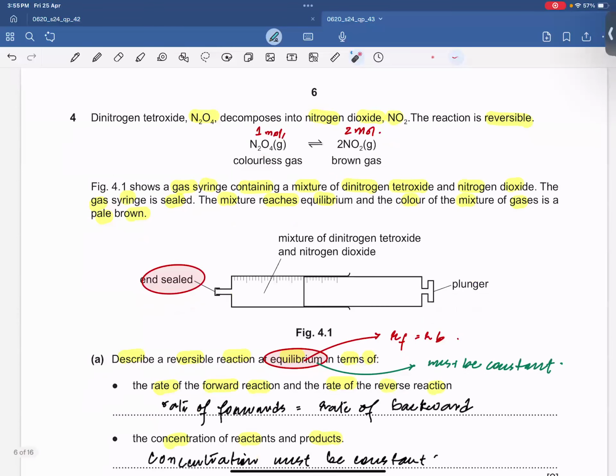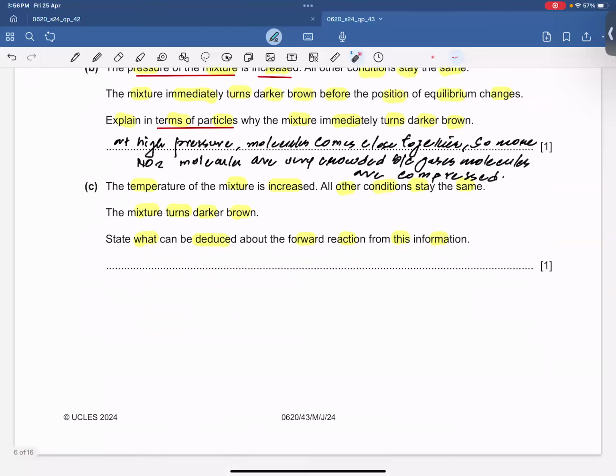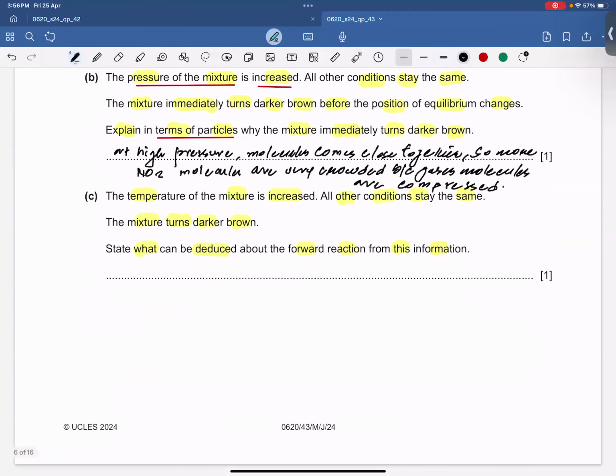So, for any endothermic reaction, when we increase the temperature, equilibrium favors the forward direction. More NO2 molecules are formed, and therefore the mixture turns darker brown. So, the forward reaction is endothermic.